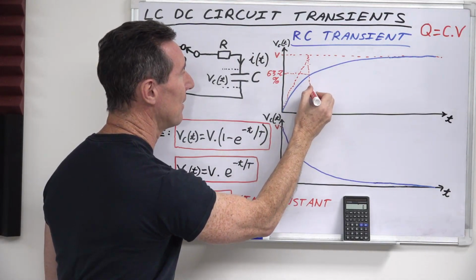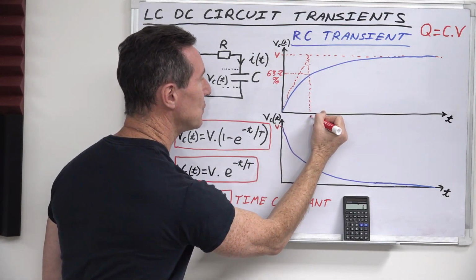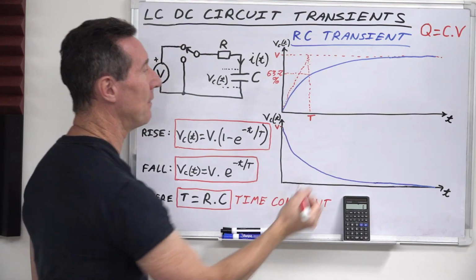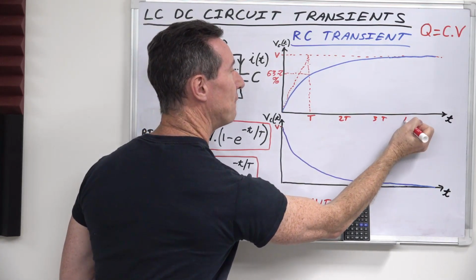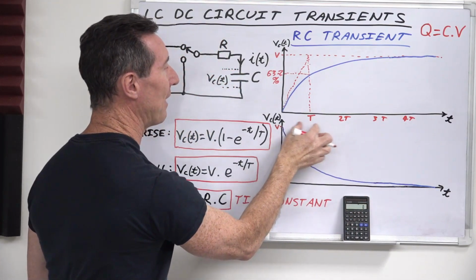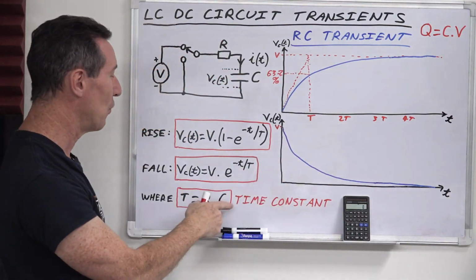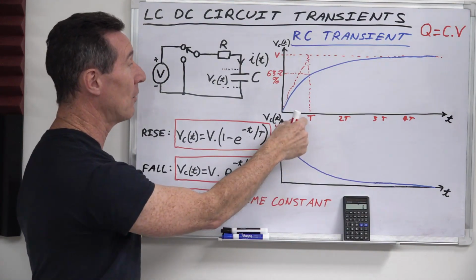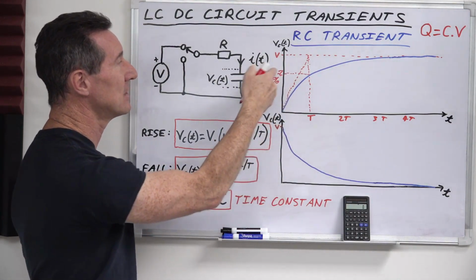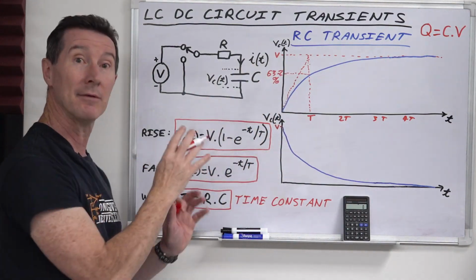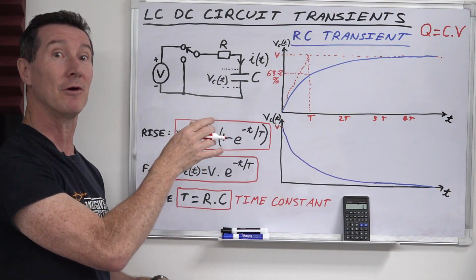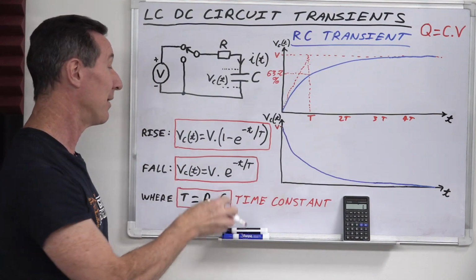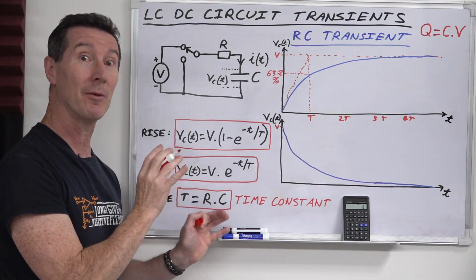And if you take that down there, that is 1T. And then you'll have 2T here, and 3T, and 4T, and so on at that time period. That is called the RC time constant, and that's how it's actually derived. It's 63.2%, and that number means something. If you ever see 63.2%, you know you're talking about RC or LC time constants.